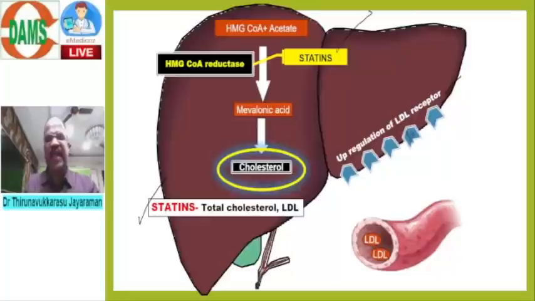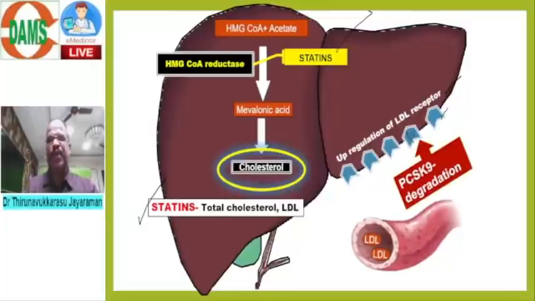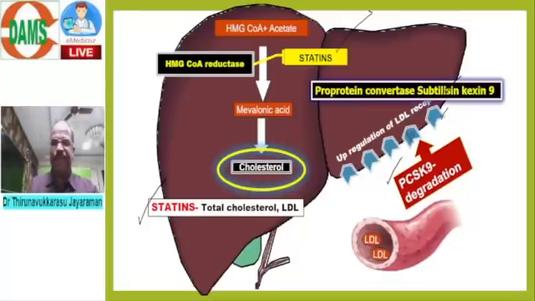Here, what I want to say: the LDL receptor seen on the surface of hepatic cells may undergo inactivation or degradation by one thing called PCSK9. PCSK9 means proprotein convertase subtilisin kexin 9. So the LDL receptor seen on the surface of the hepatocytes may undergo degradation by PCSK9. Thereby the LDL level may not be decreased.